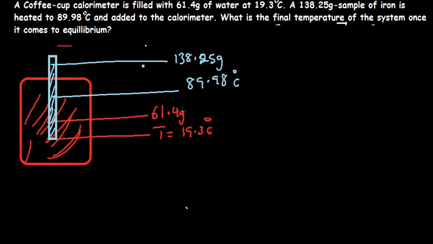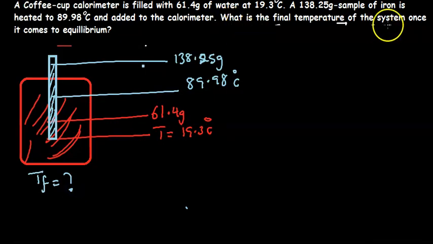Notice that they have different temperatures and different masses. As time goes on, if you insert the metal into the coffee cup calorimeter, there will be a moment at which the temperature will be at equilibrium. In this case, we call it TF, which is the final temperature. That is when the temperature reaches the equilibrium state. Here the question says, what is the final temperature of the system once it is at equilibrium?